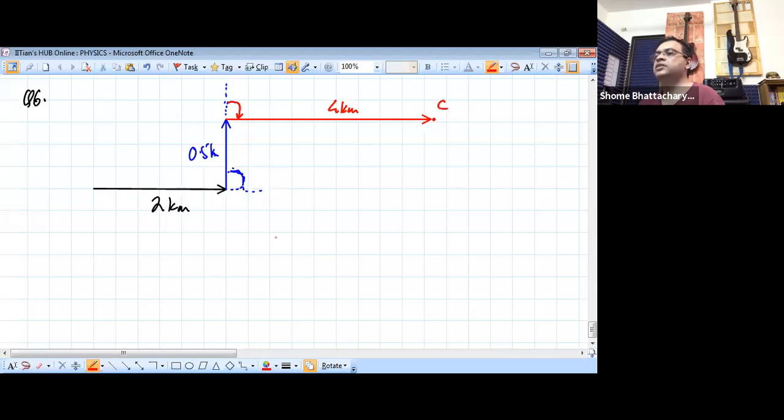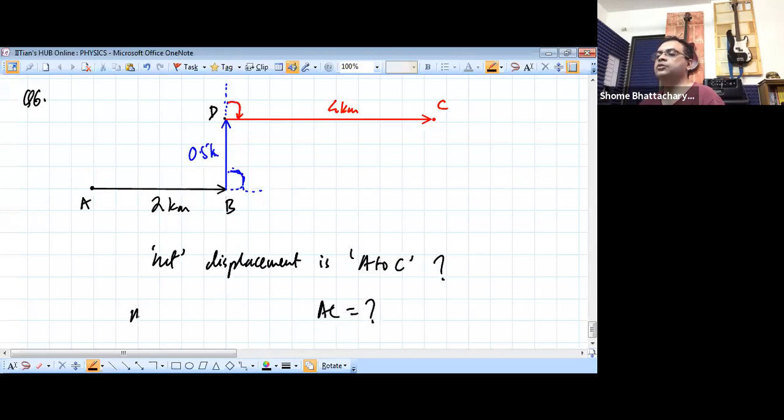Okay. So let's say this is the point C, and where you started from, that was the point A. You went from A to B, B to, let us say, D or whatever, and then okay. So your net displacement is A to C in my diagram. You want to find out how much the length of AC is. That is the magnitude of the net displacement.